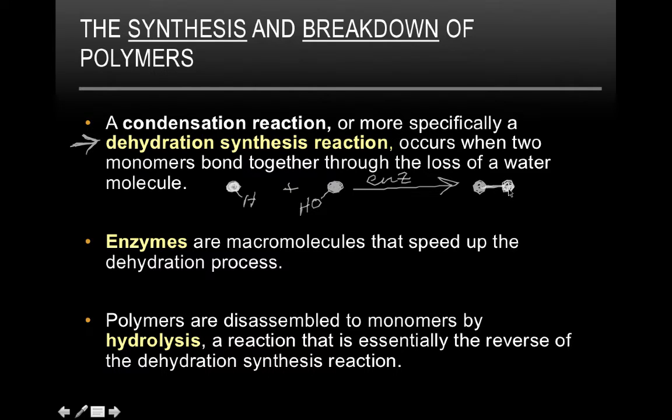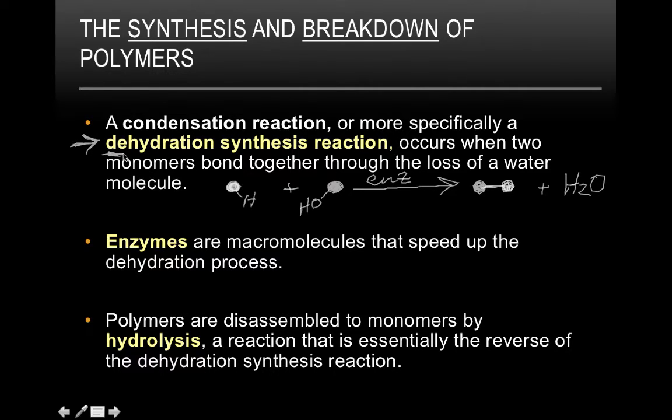In the process of creating that new covalent bond, a few atoms are lost in the form of water, H2O. So as we're building these new bonds here, we are also losing water in the process, and you can see where those water atoms came from. That's why we call this dehydration synthesis.